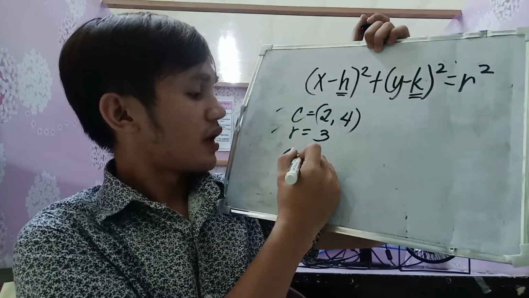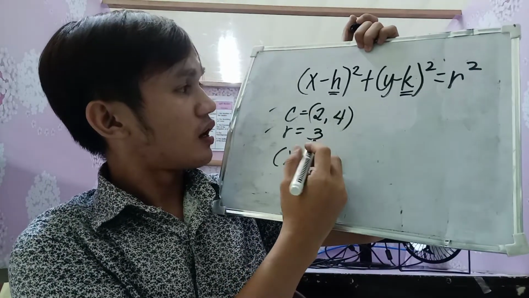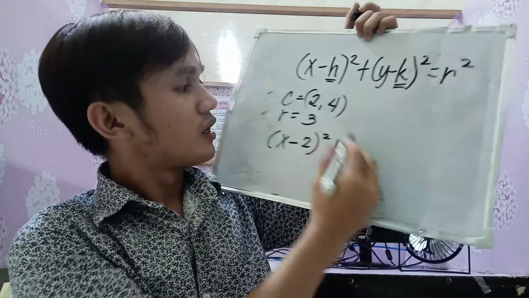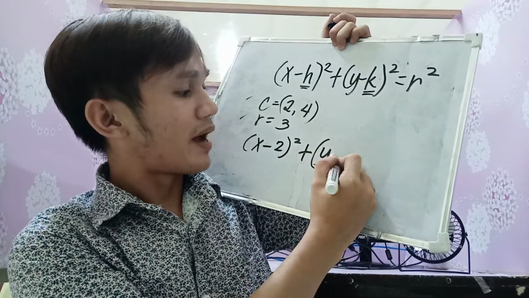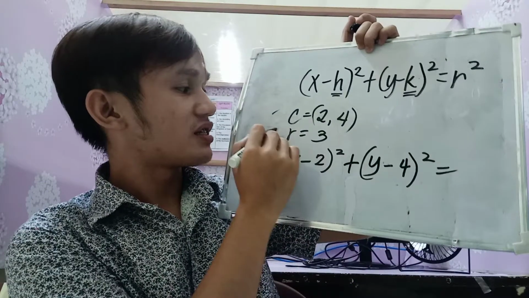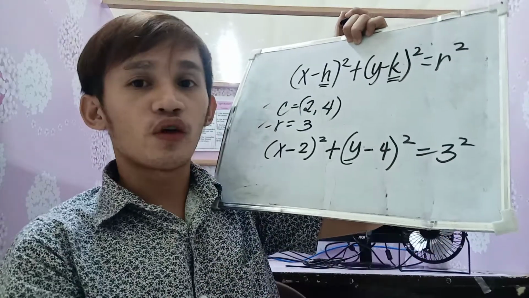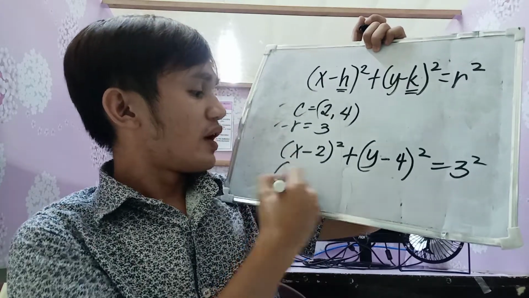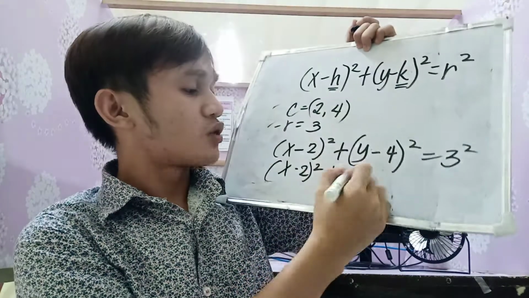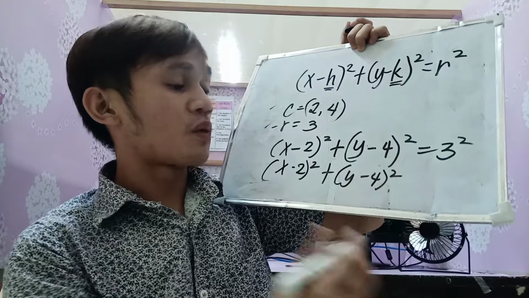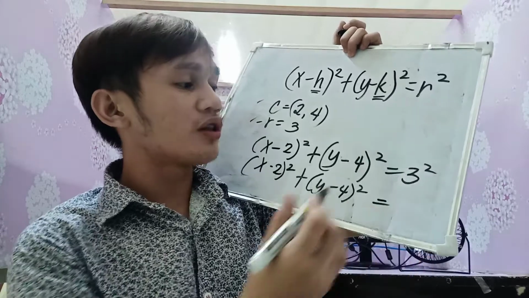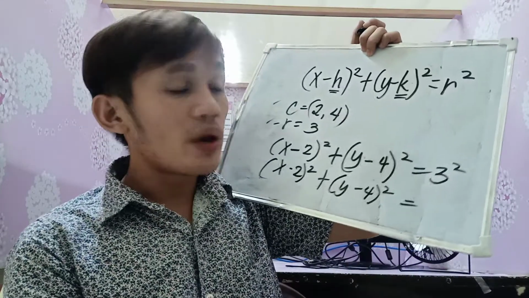So this will be the quantity of x minus 2 squared, plus the quantity of y minus 4 squared, is equal to 3, then square. Don't forget to square your radius. In this case, you are just going to copy x minus 2 squared plus y minus 4 squared is equal to the square of the given radius.